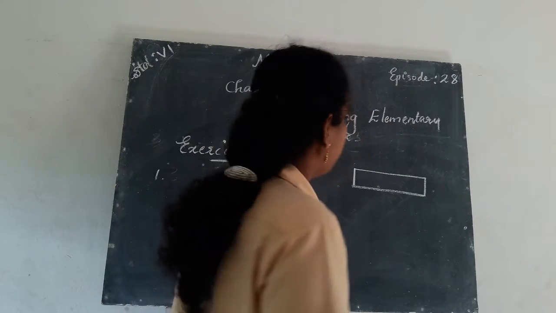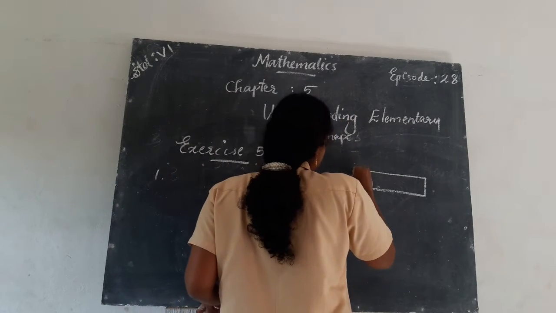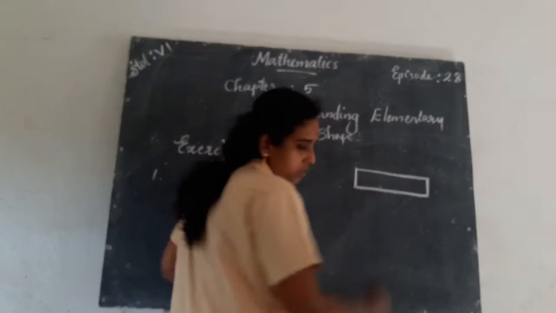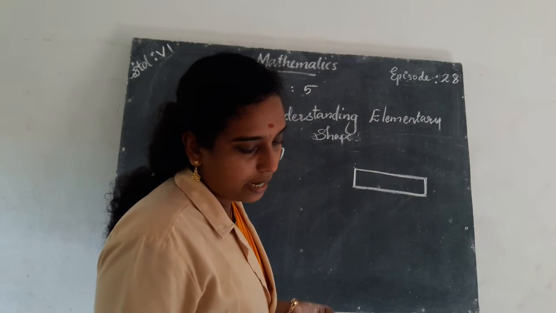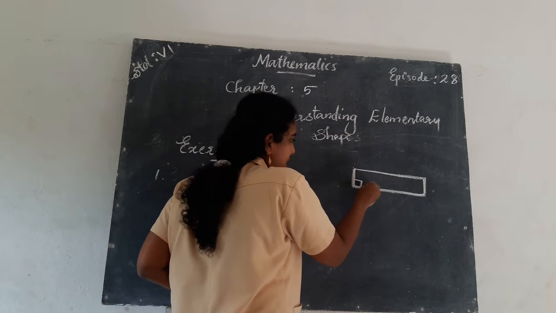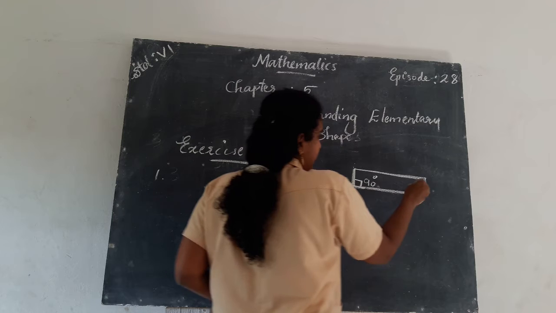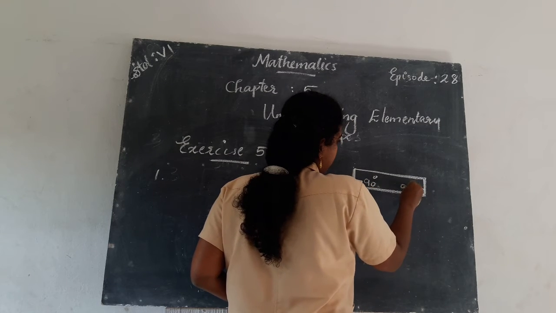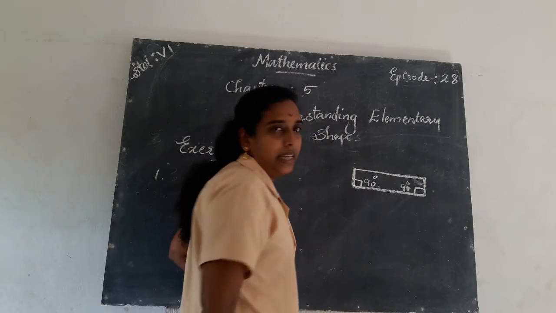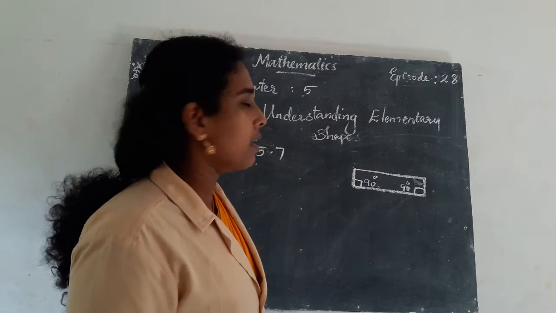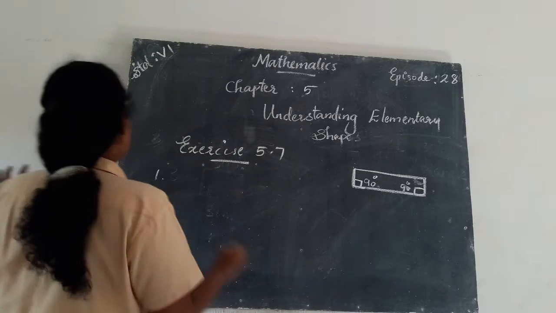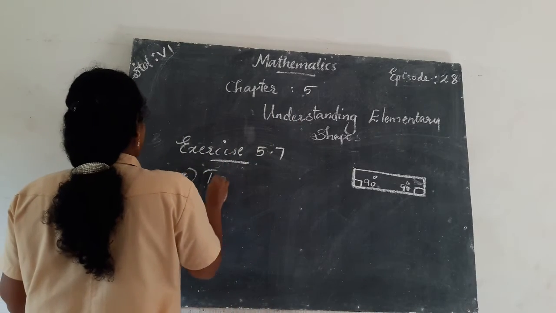Then we identify that each angle of a rectangle is a right angle. Here we take this angle, then it is a right angle which measures 90 degree. Then if we take this angle, it is also 90 degree. Then if we take this angle, it is also 90 degree. All the angles of a rectangle are right angles. Okay, so the statement is true. First one is true.